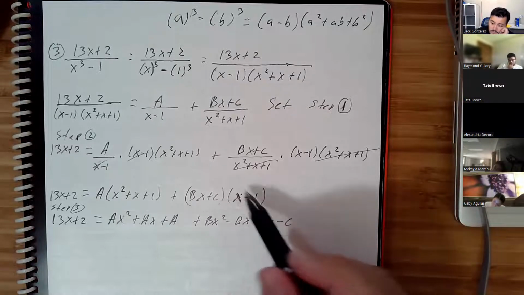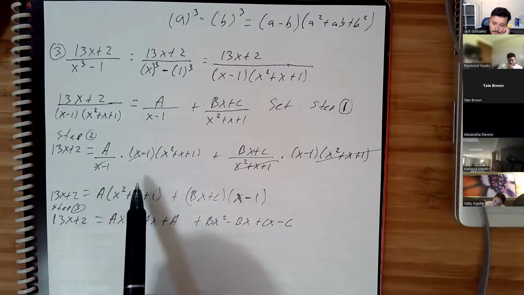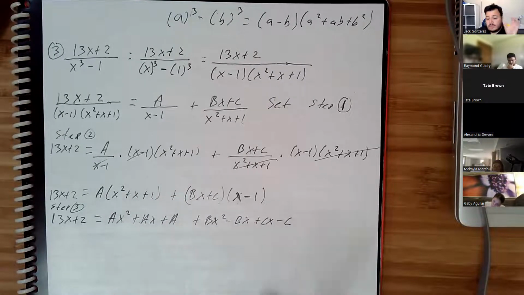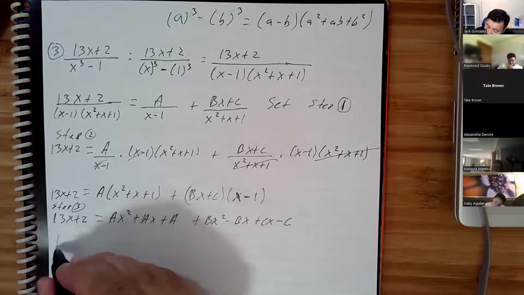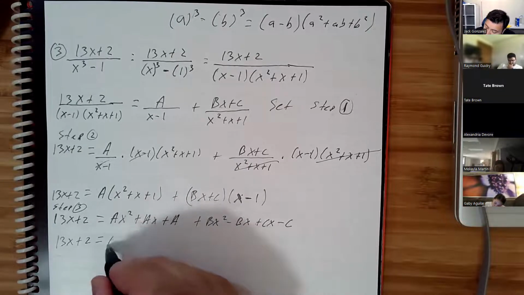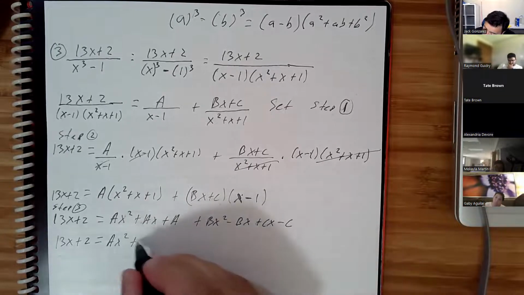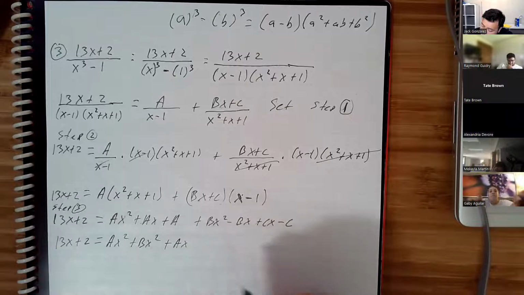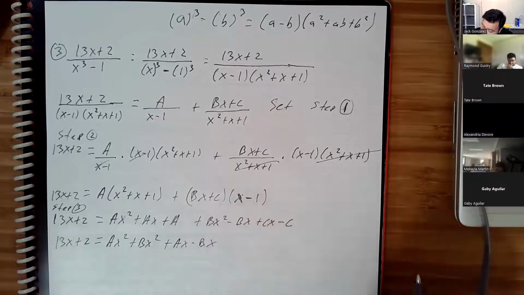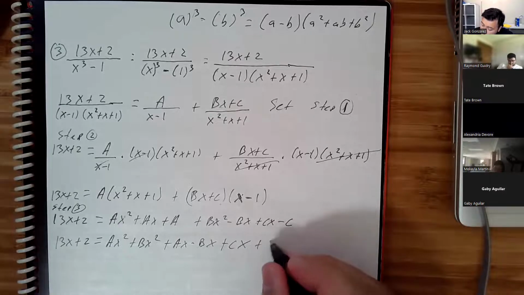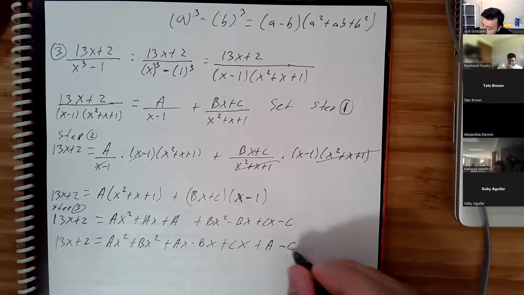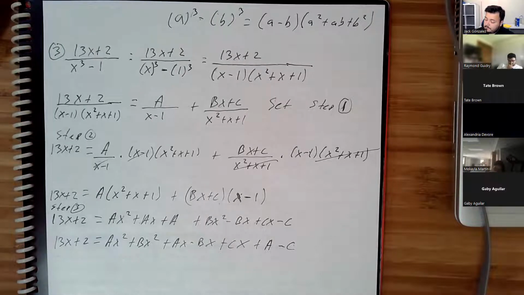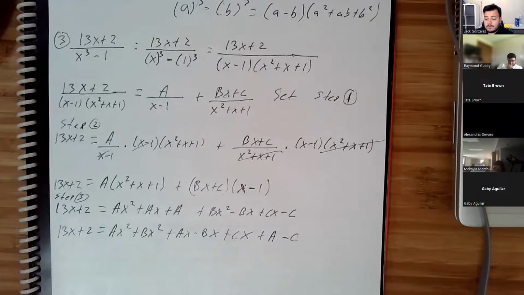So I distributed this right here. Distribute the A. And here we go. So now collect all the quadratic parts, all the linear parts, all the constants, and then create your system. So we have 2 quadratics, right? Three linear terms. 2 constant terms.